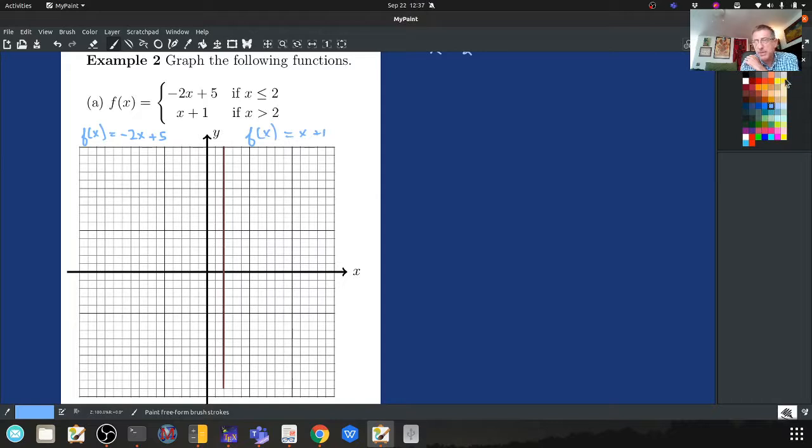So now we just make two different tables of values. One has f of x equals minus 2x plus 5. And our table of values only needs 2 points. So here the kitty corner zeros can't be used because these are piecewise defined functions.